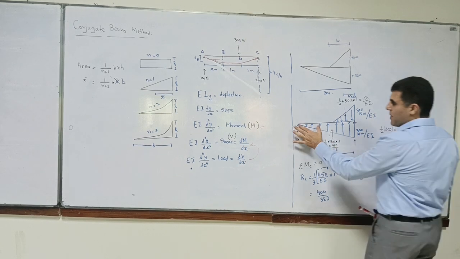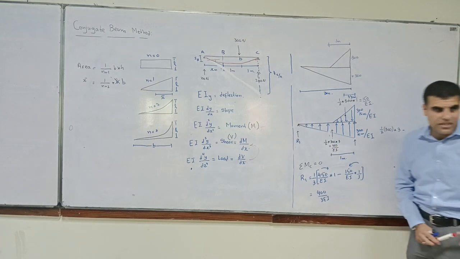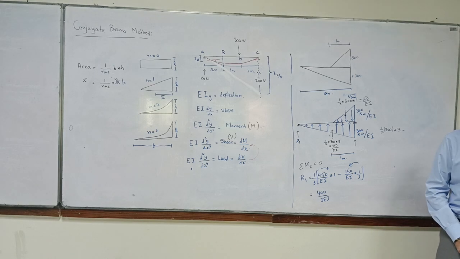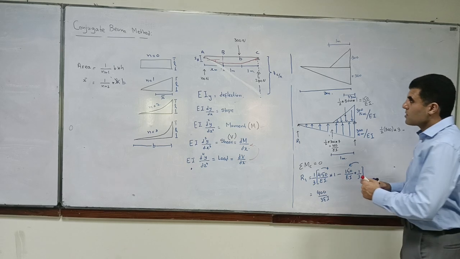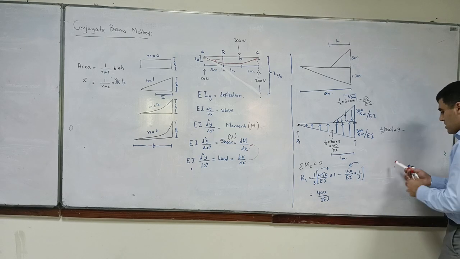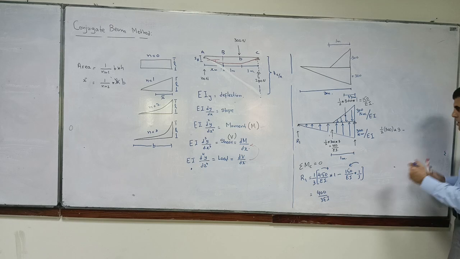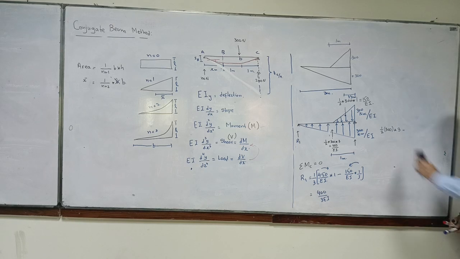At 1 meter from here, deflection at 1 meter using the conjugate beam method. How can you do that?